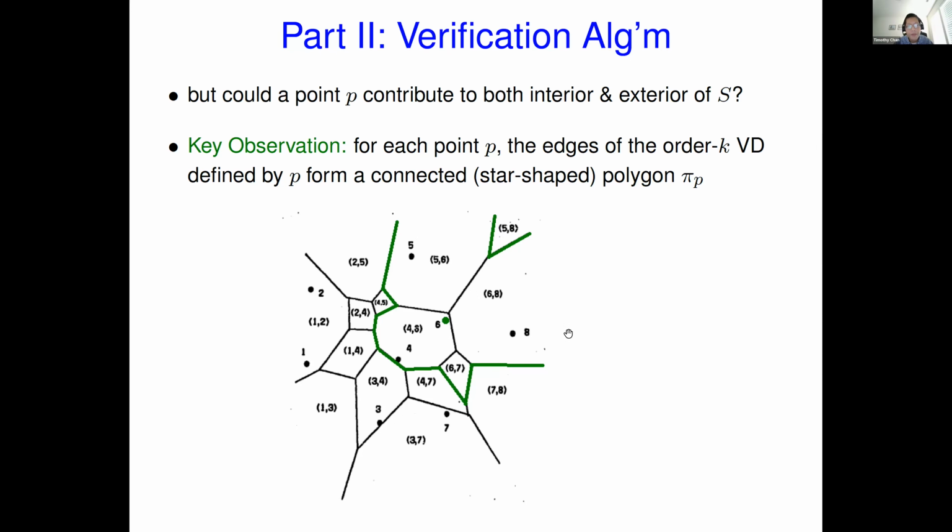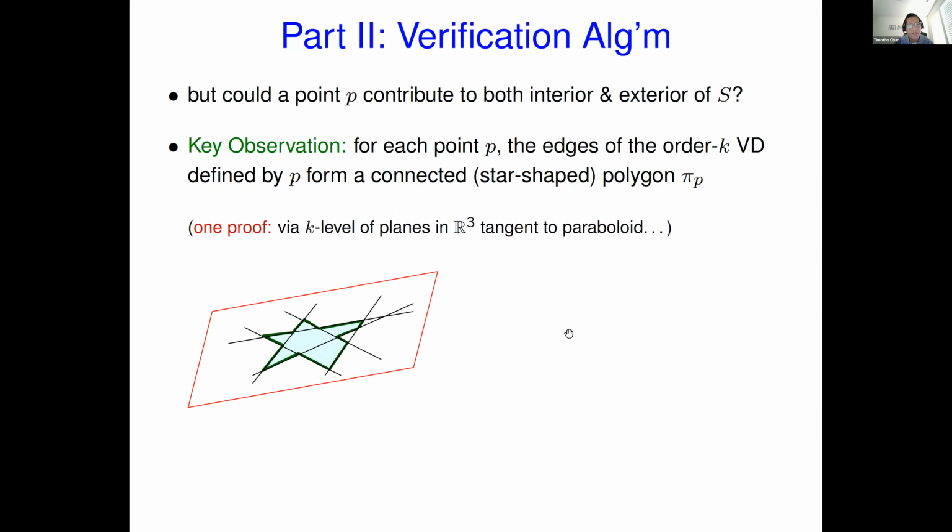If you want to see why this is true intuitively, here's a very brief proof sketch. You can lift to 3D, and then what we're looking at is k levels of planes. The point P is mapped to a plane, so we're basically looking at a k-level within that plane. It's a 2D k-level, and in 2D, k-levels are connected. End of proof.